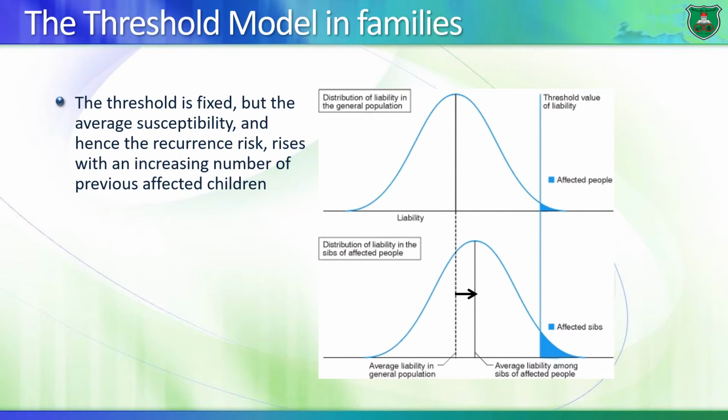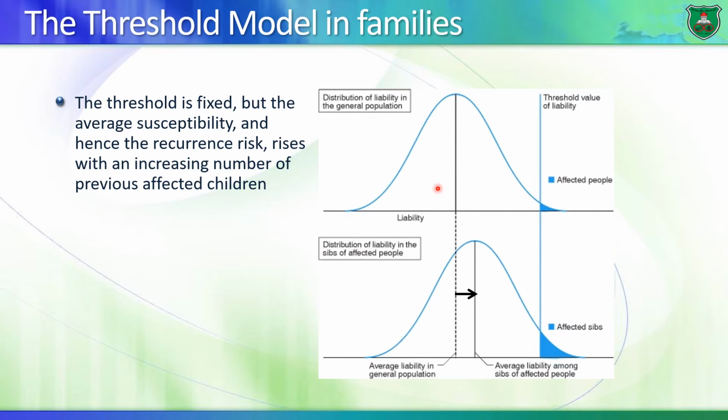Now, we can apply it to families. What happens in families is that the risk increases, because they share more factors than the general population in terms of genetics, and even in terms of exposure to certain environmental conditions or being affected by certain pathogens.